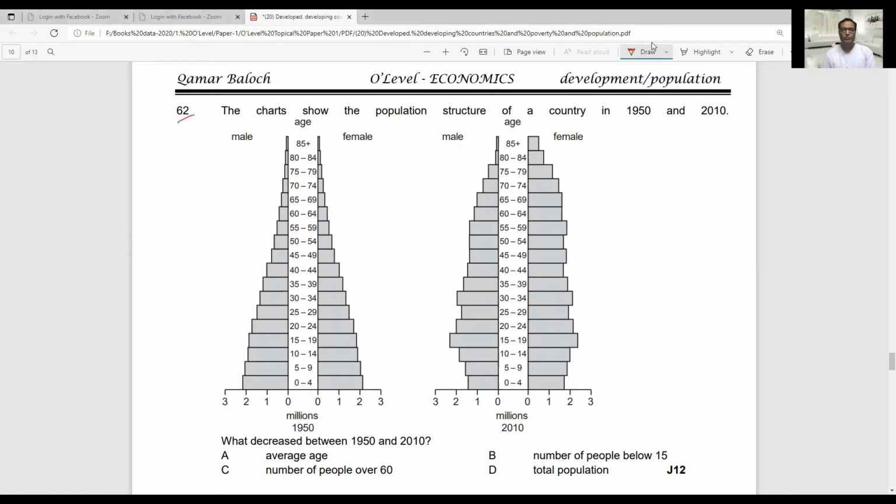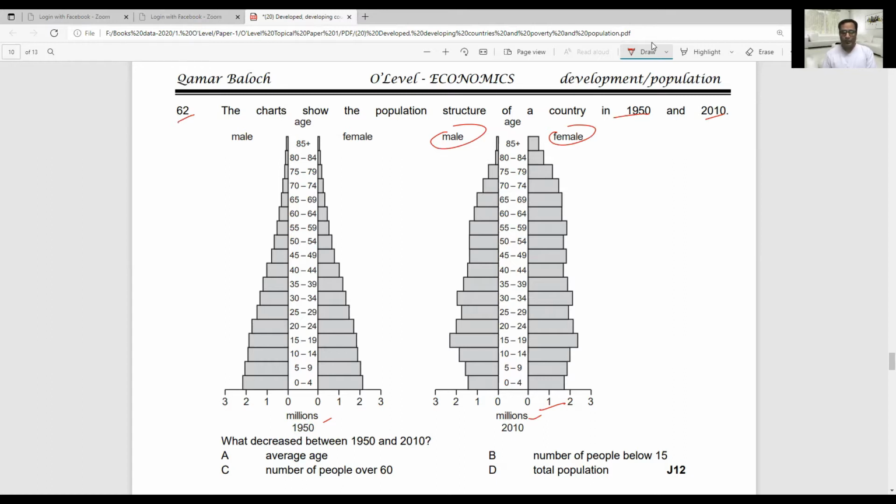Question number 62. The charts show the population structure of a country in 1950 and 2010. You can read this chart very carefully. We are provided with the information of different age groups of female and male individuals here, and we have this much population in millions in 2010, and this is in 1950.